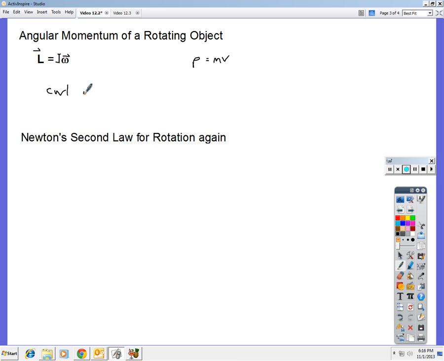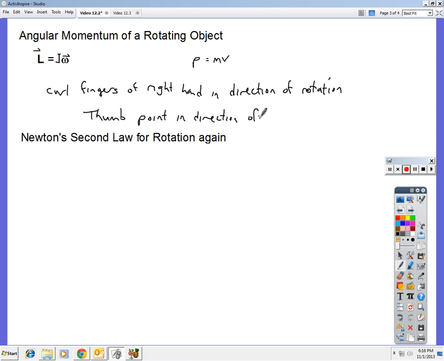You curl the fingers of your right hand in the direction of the rotation, and that will make your thumb point in the direction of L. And for some reason, your textbook and most others use capital L when referring to the angular momentum of a solid object, and lowercase l when referring to the angular momentum of a point mass. I don't know why, it's just what they do.